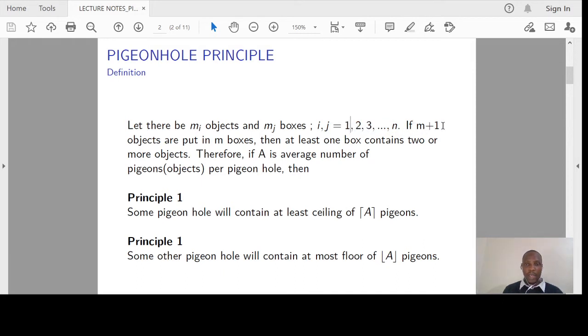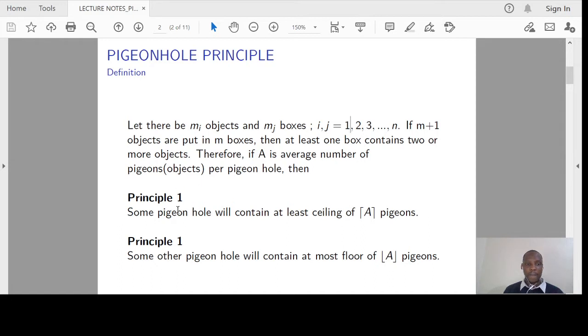Now, if m plus 1 objects are put in m boxes, then at least one box contains 2 or more objects. What we mean here is that we have more objects than boxes, and we would want to put all these objects in the available boxes. Therefore, if A is the average number of pigeons or objects per pigeonhole, then we define principle 1.